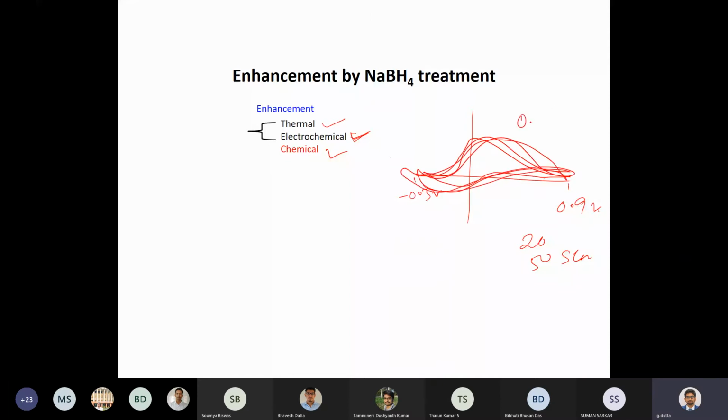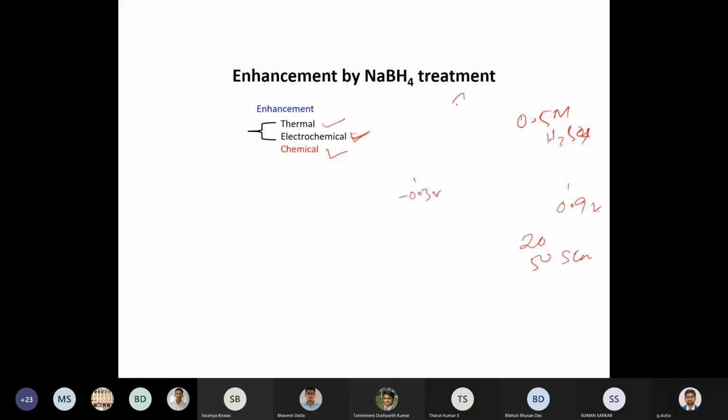Maybe in 0.5 molar sulfuric acid solution, any acidic solution, or maybe potassium chloride, any electrolyte solution. Generally people prefer the acidic solution, so that you can easily oxidize the surface and easily reduce the surface. Like this way, this is called electrochemical cleaning.